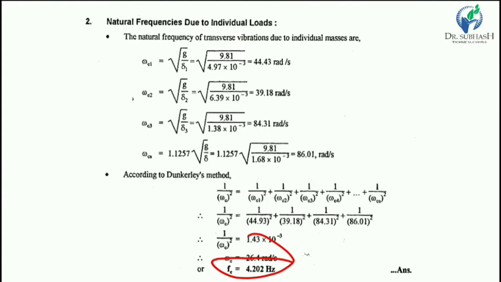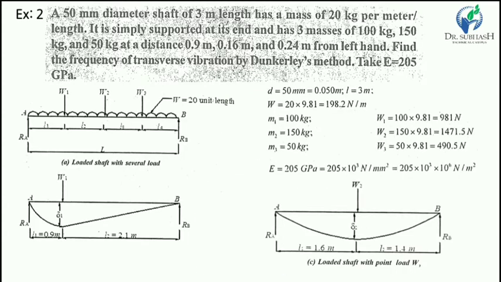Now see the other example. A 50 mm diameter shaft of 3 meters length has a mass of 20 kg per meter length.